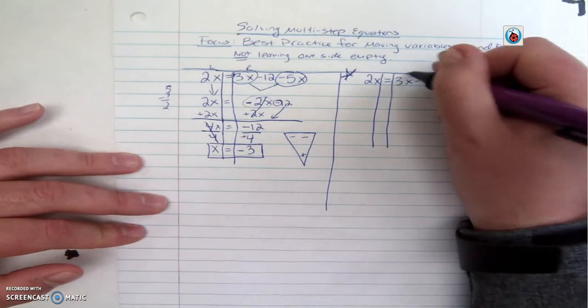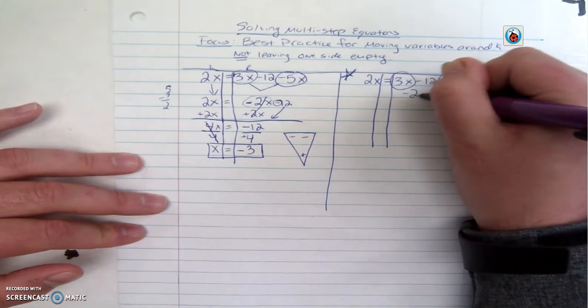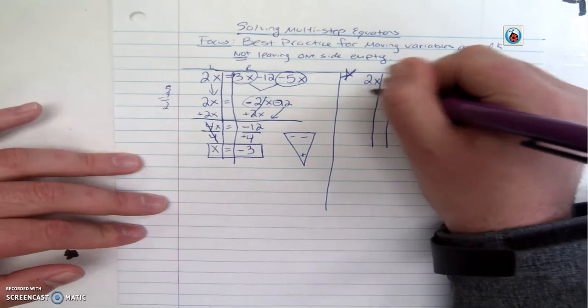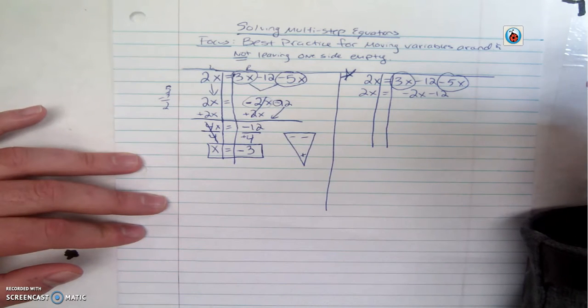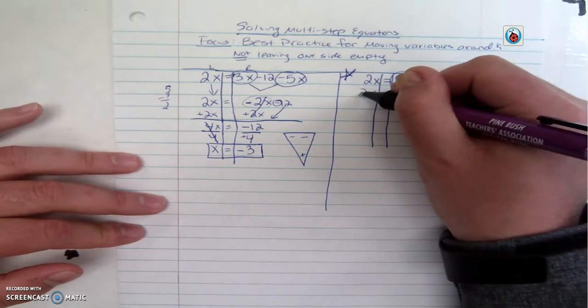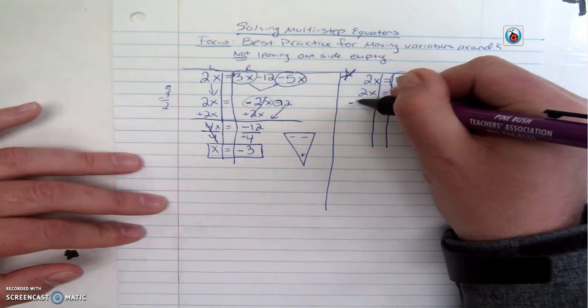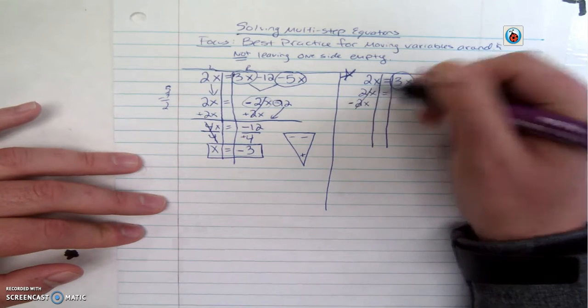So quickly, we combine our like terms, same process as before. The first step was the same. So now what I see students do sometimes is they actually move this 2x over here. So it's a positive 2x, they subtract 2x.